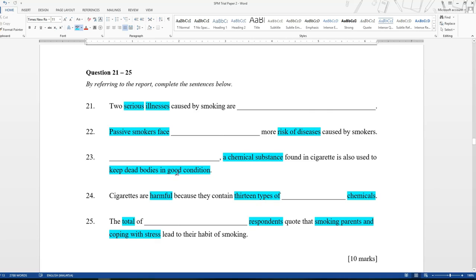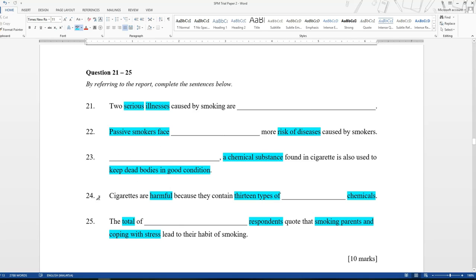If you don't know what good condition means, it means that the dead body doesn't rot. Dead bodies, if you leave them in normal condition, they would rot, right? But there is a chemical substance that is also found in a cigarette that is also used to keep dead bodies in good condition. So what chemical substance is this?